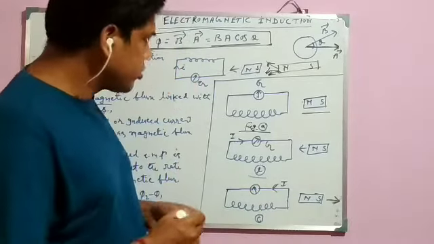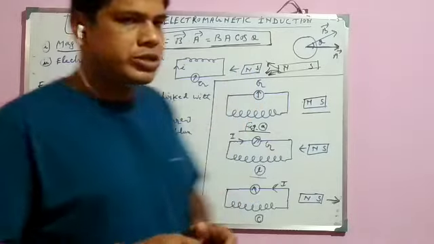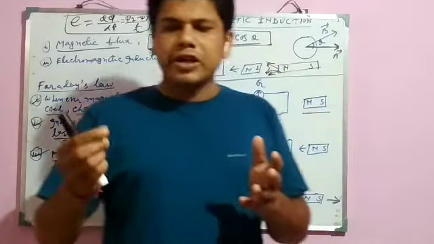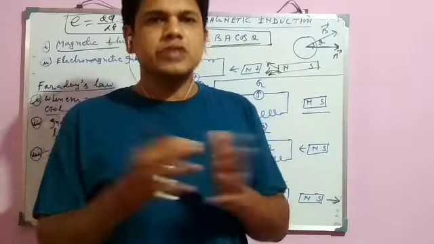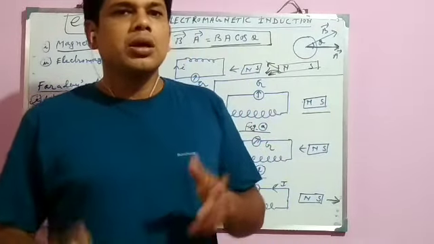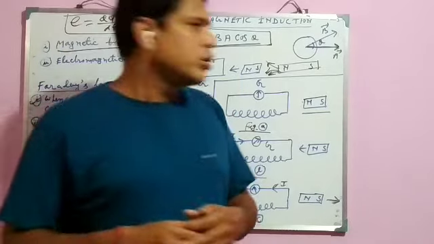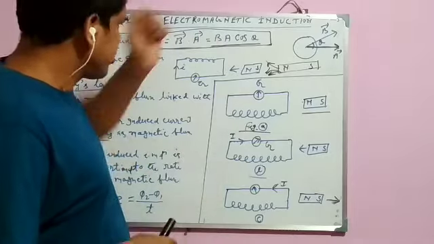In this simple experiment we observed that whenever the magnetic flux linked changes with respect to time, only then is induced EMF or induced current produced. So this is the basic experiment.